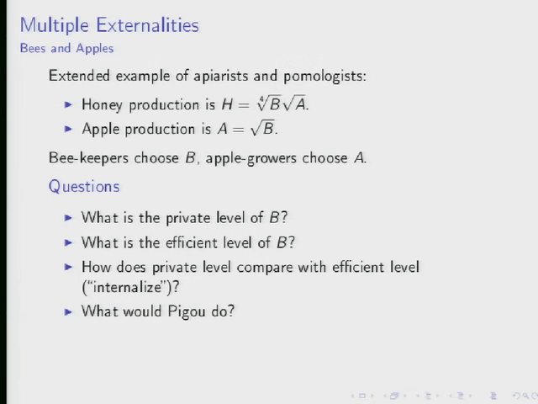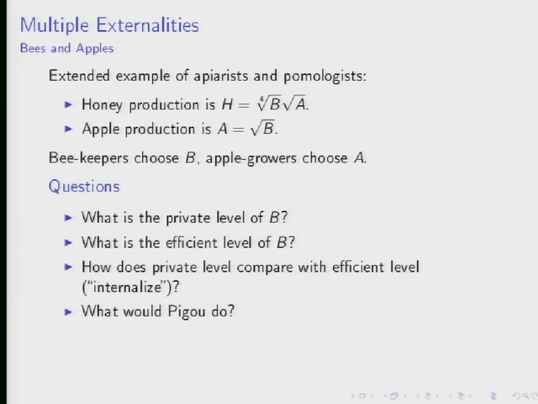And this 4 is going to be equal to C. Solving this, the 1/4 cancels out, so we get the private level of provision for B equal to PH over 4C, this whole thing squared. And that comes from substituting this fourth root of B into that expression and solving it for B.